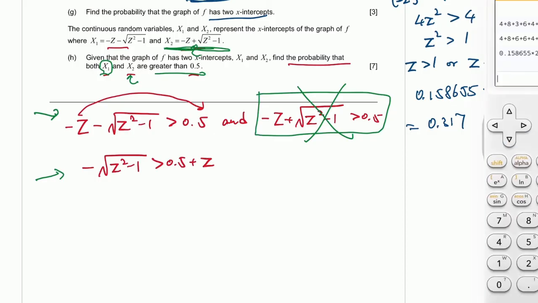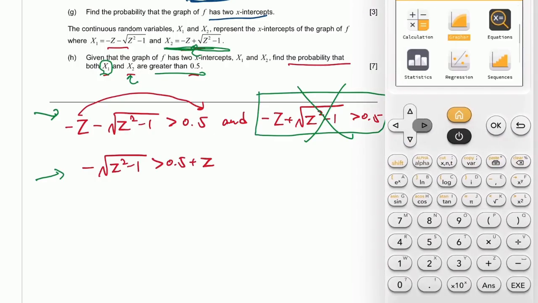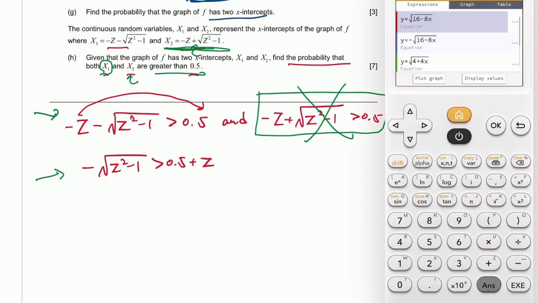I guess the safest way is actually to graph this. Yeah, let's not even rearrange it, just graph the left hand side. And that's the safest way.